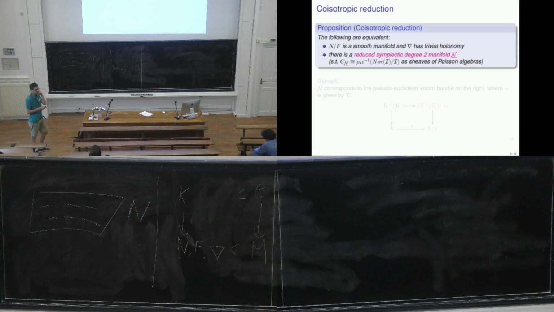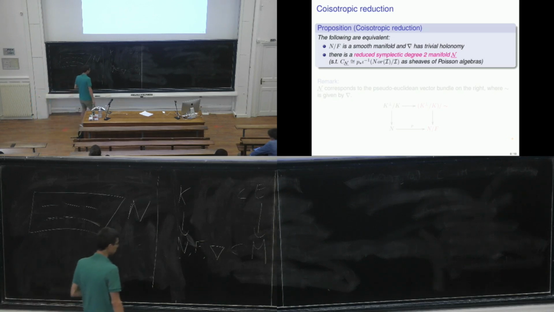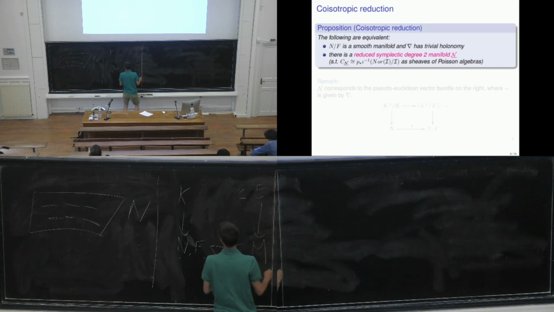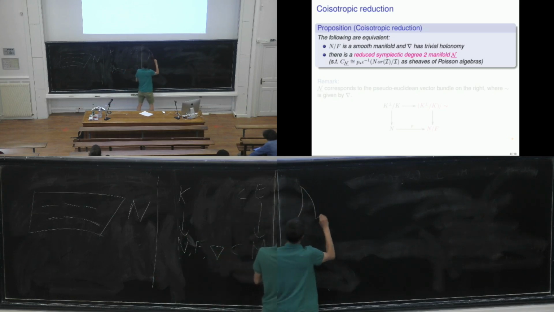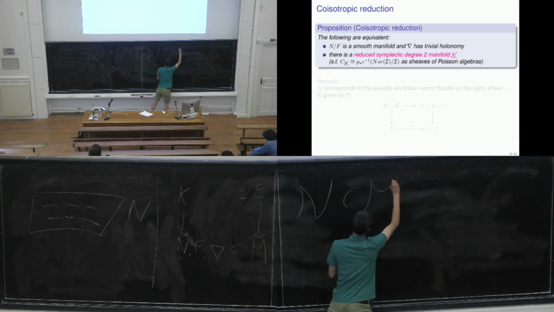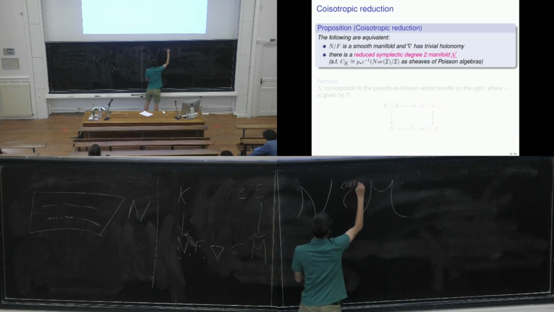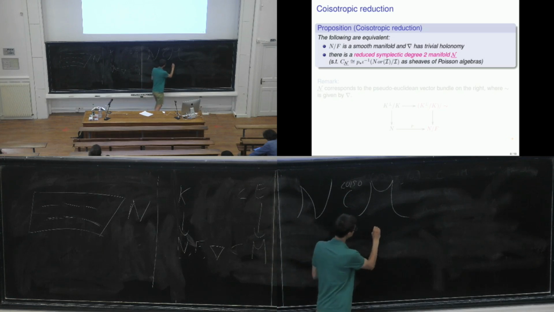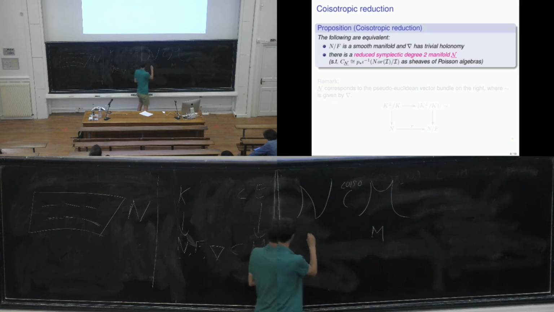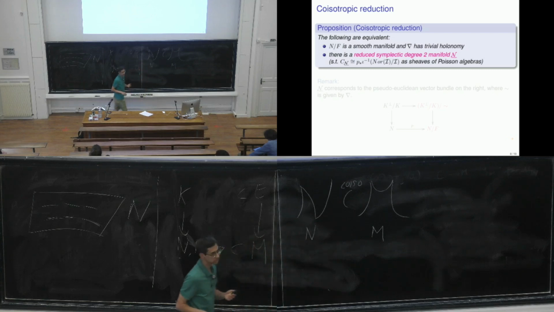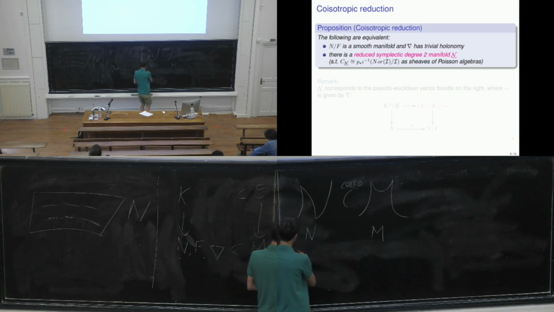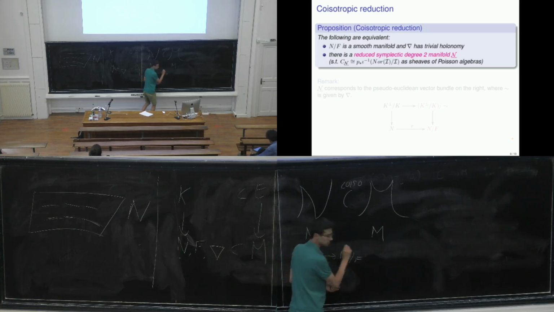Is curly N supposed to be N mod F, on the body of it? No, I think not. Curly N is this coisotropic submanifold of curly M. Both have a body. The body of this is denoted by straight M, and the body of this is denoted by straight N. A piece of notation I haven't explained is what this p is. p goes from the body of N to its leaf space.